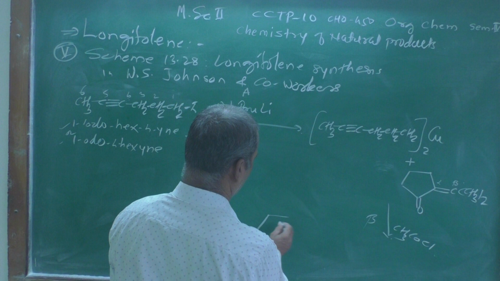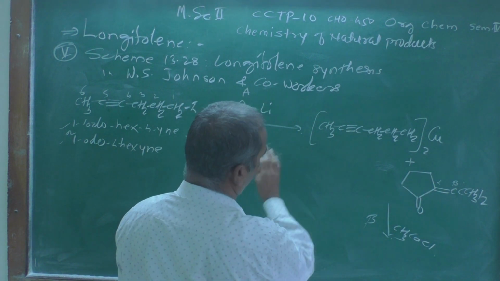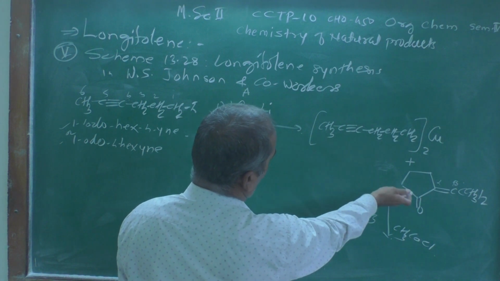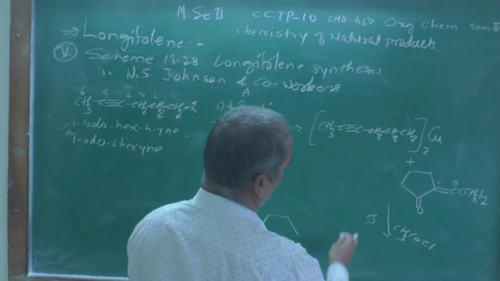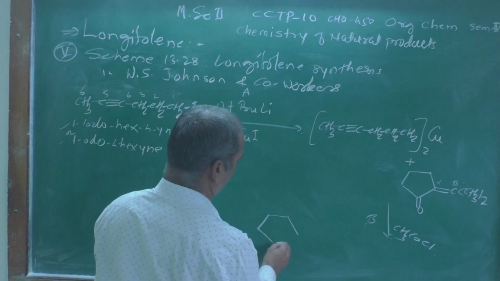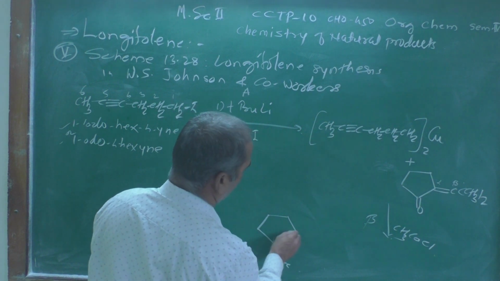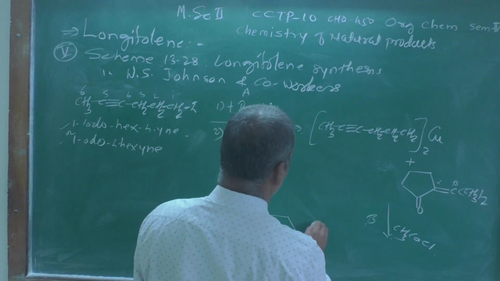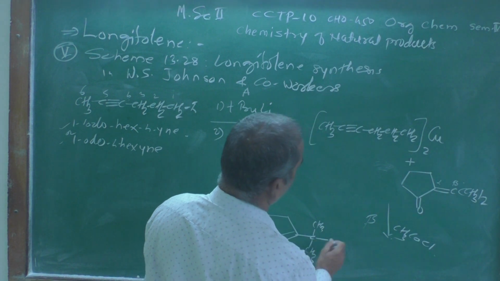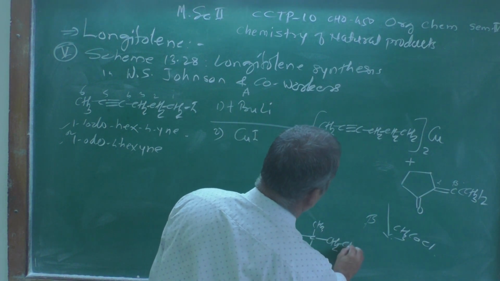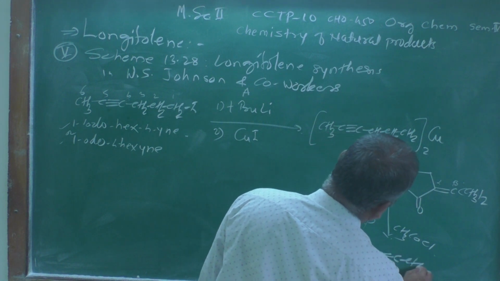So a 5-membered ring after adding the B reagent. This is A reagent, after adding A reagent we got this, and then adding this with CH3COCl, that is B, we are going to get the product here: OAc, then here will be CH3, then CH2, C triple bond C and the CH3.